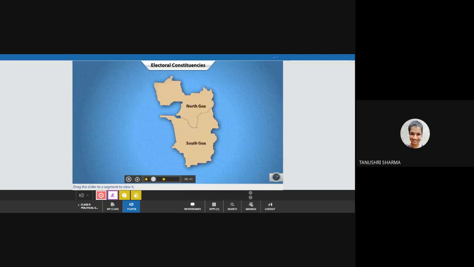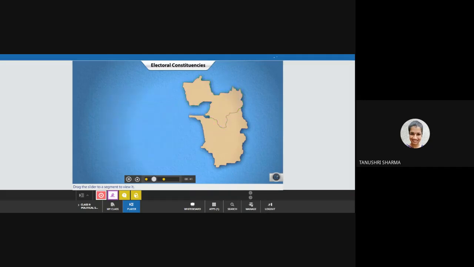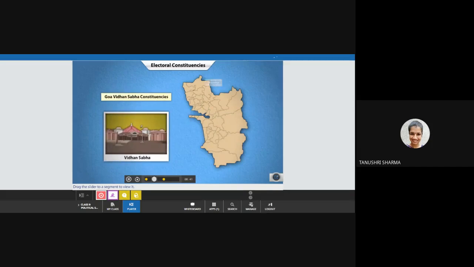For example, the constituency of North Goa elects a single representative to the Lok Sabha. At the state level too, only one member is elected from each assembly segment. For example, the assembly constituency of Valpoi elects a single representative to the Vidhan Sabha.